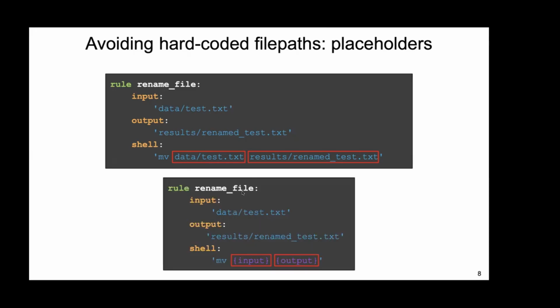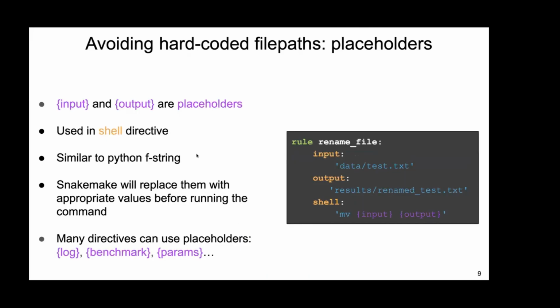And the way we do that is through placeholders that look exactly as I show here. So input and output are placeholders, and they are in the shell directive, and this works in a similar way to the f-string in Python, if you're familiar with that, where you write f and then quotes, and within the quotes you can use curly brackets to put things that are going to be evaluated when you actually run that in Python.